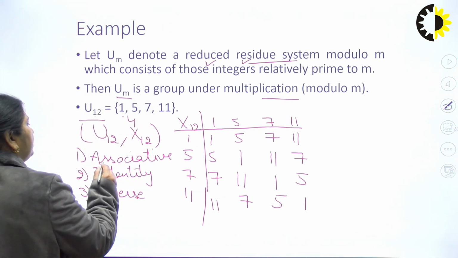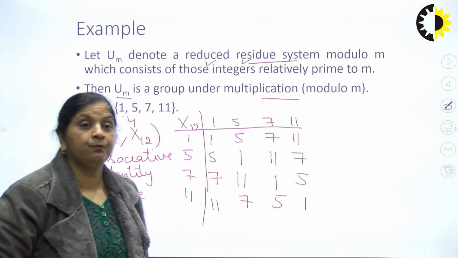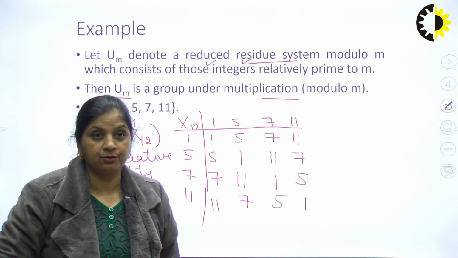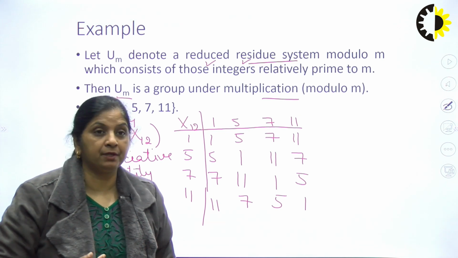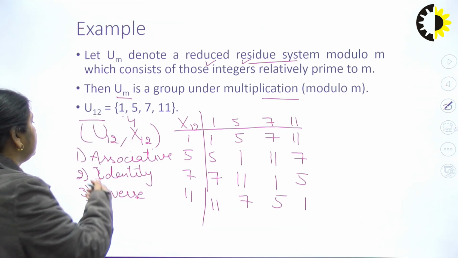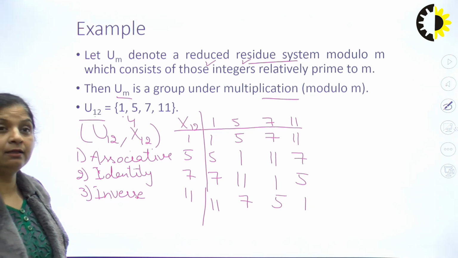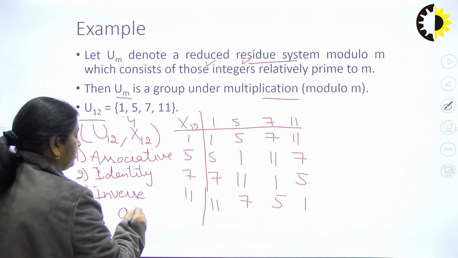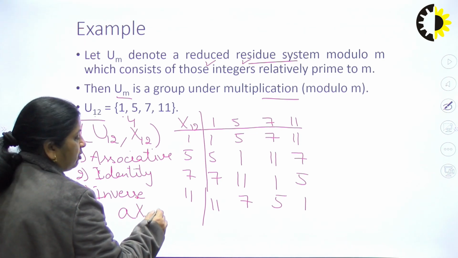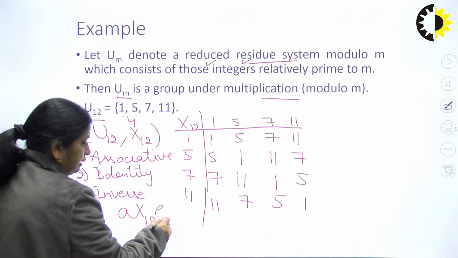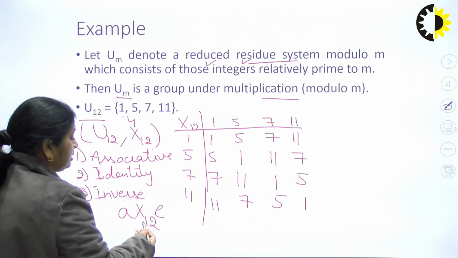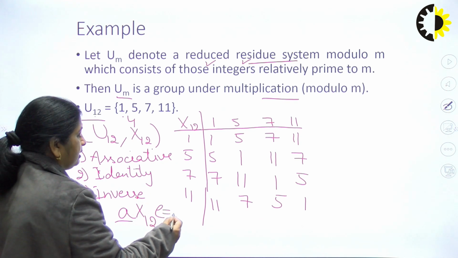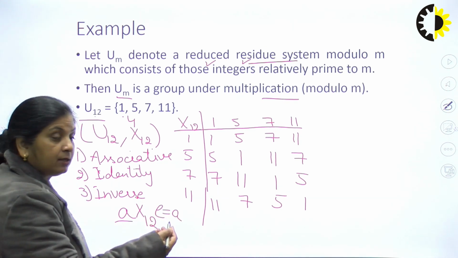First property is associative. It is associative in nature because modulo multiplication is associative. So the first property holds. Second is the identity element. Is there any element such that if we take the modulo 12 multiplication with any element, we get the same element in the answer? Let us check.